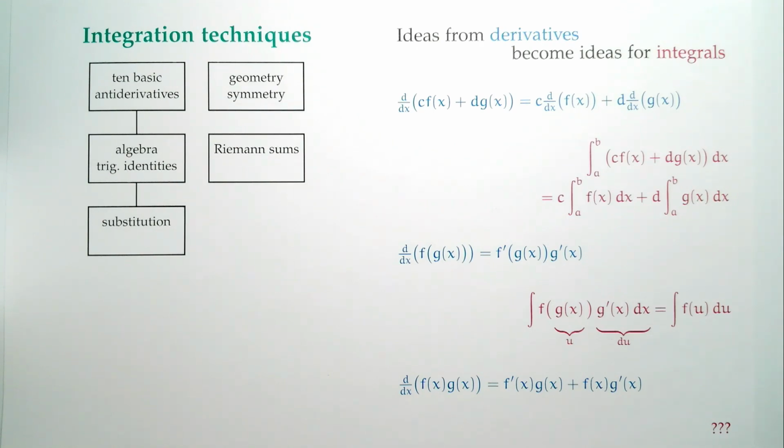There's also symmetry, here being things which are odd. Odd functions were great to integrate. And then we said, well, if nothing else, we can approximate it. And that's what Riemann sums were. Riemann sums are the idea of let's break things up into rectangles, and then let's figure out what's going on. So that's what we knew at the end of last class.